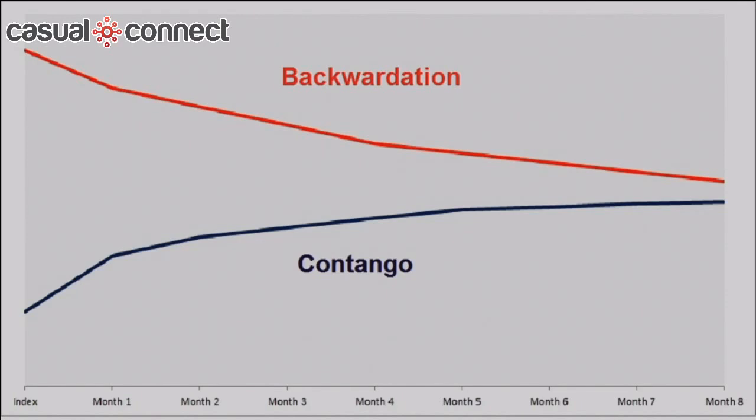So there's these two states in commodities futures contracts trading. One is backwardation, which is the normal state of a commodities futures market, where the futures price today is lower than the spot price in the future. And then there's contango, where the futures price is higher now than I expect the spot price to be at a certain time in the future. But I'm willing to pay that premium for any number of reasons, right?